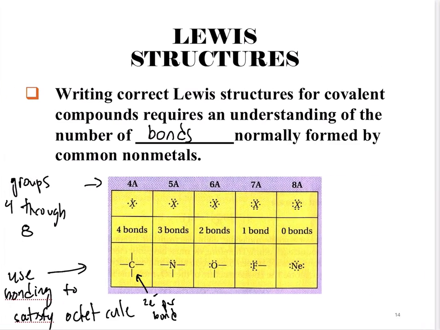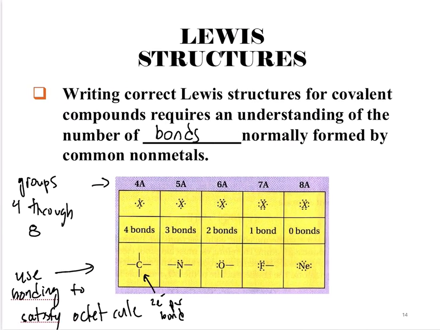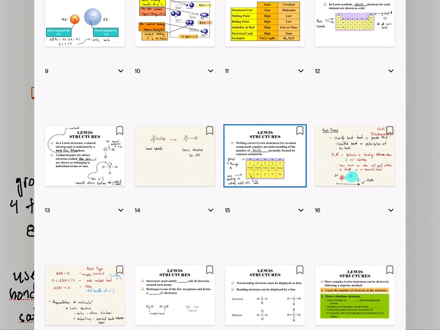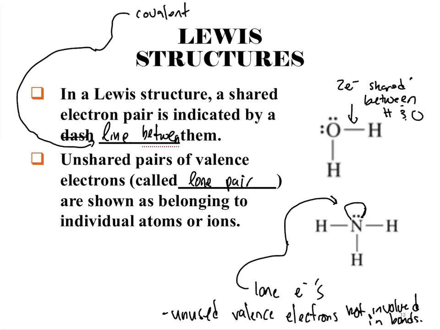And this is going to be for covalent molecules, right? So ionic compounds, we're not really going to be drawing Lewis structures for, because we would just draw 2 Lewis symbols right next to each other. They don't share electrons with each other. And then we also discussed the existence of lone pair electrons, right?